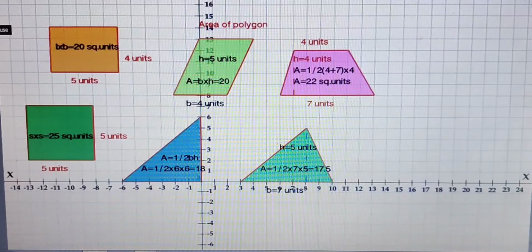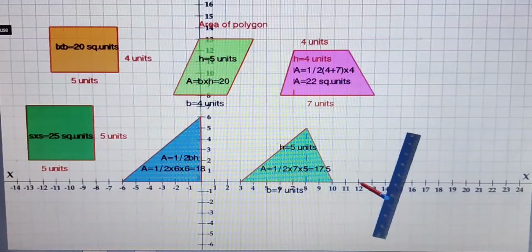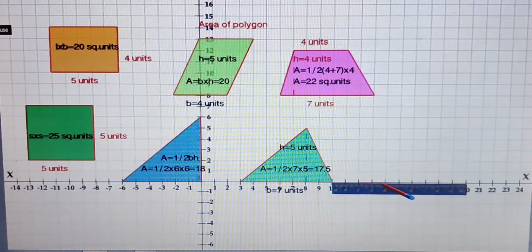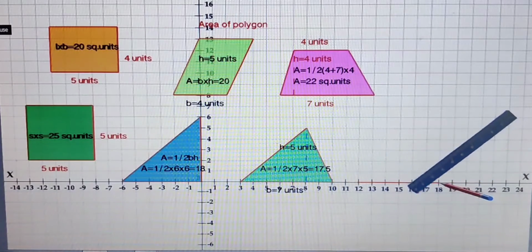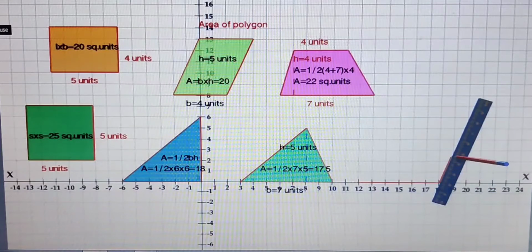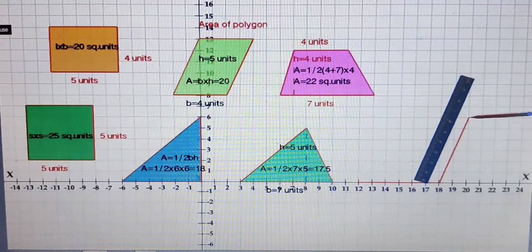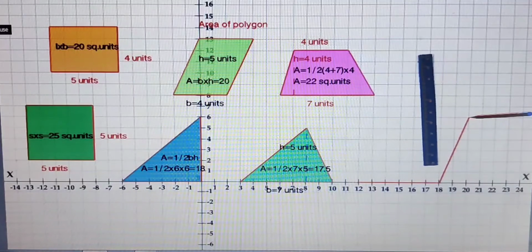This is the area of a trapezium. The next figure. What is this? See. This is the baseline. Count the units in the baseline from 12 to 18. It is 6 units.